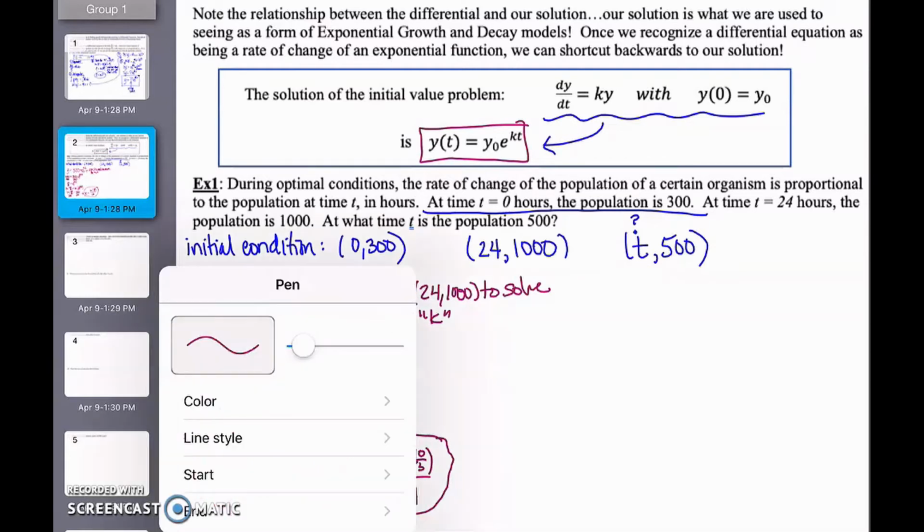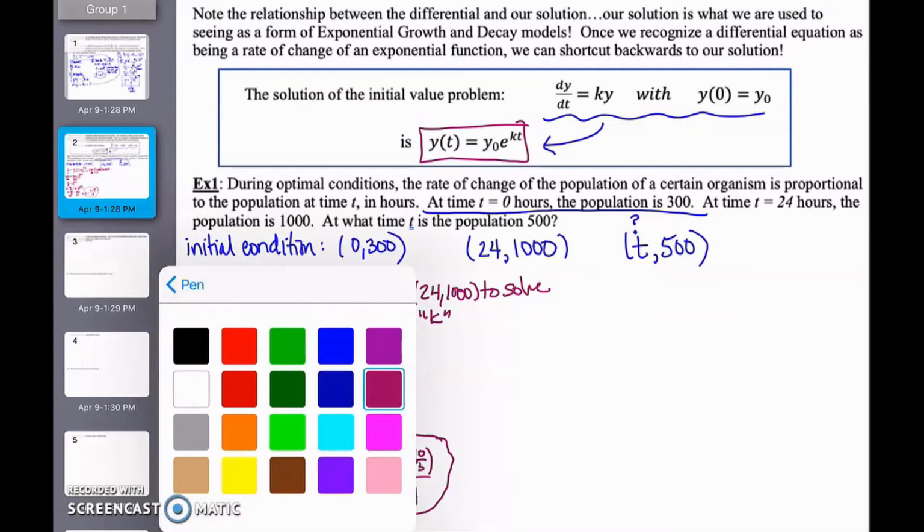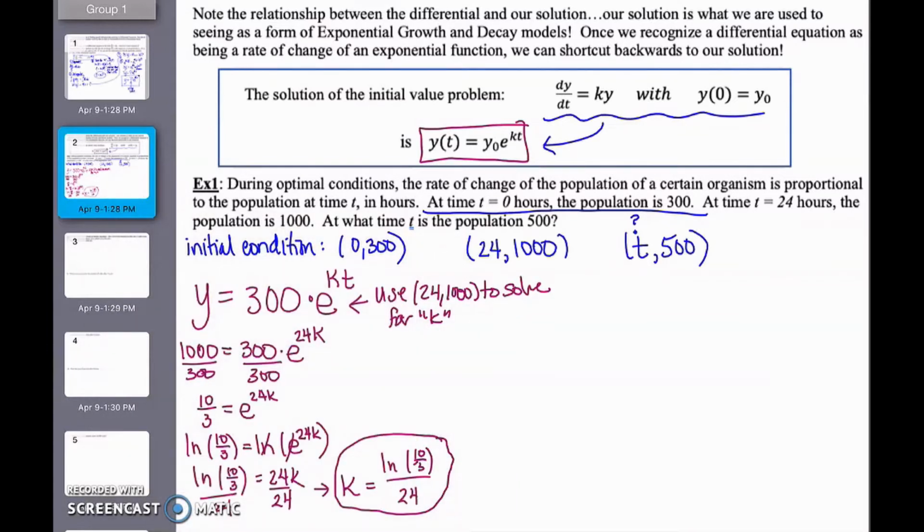Now that I know k, I'm ready to write a population model for this situation. My population model now looks like y equals 300 times e to the ln(10/3)/24 times t, and that's all in the exponent of that base of e.